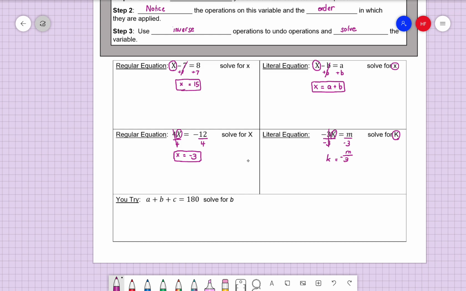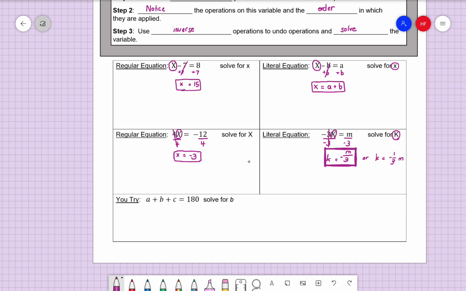I can't say this is negative 3m or this is negative 3, because m is 1. I don't know what m is. So I just have to keep it with that variable there and say that k equals negative m over 3. Or I could write it as k equals negative 1/3 m. It doesn't matter.